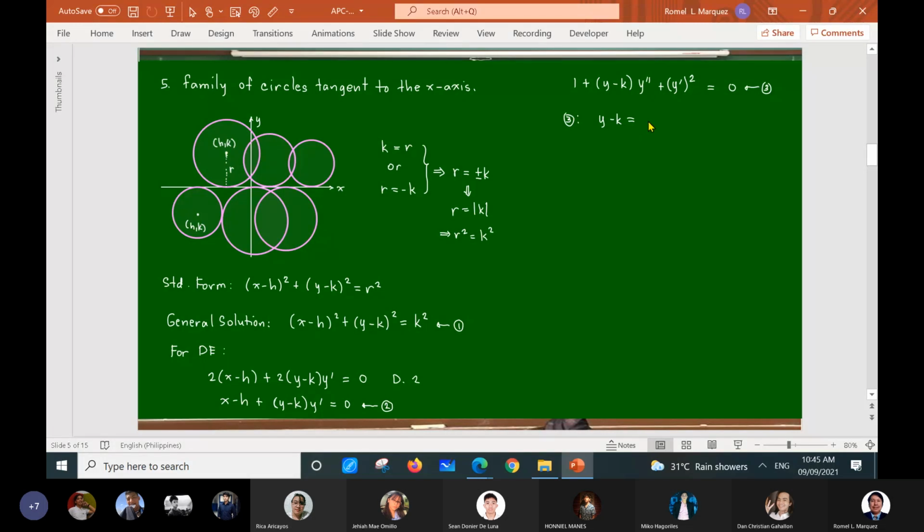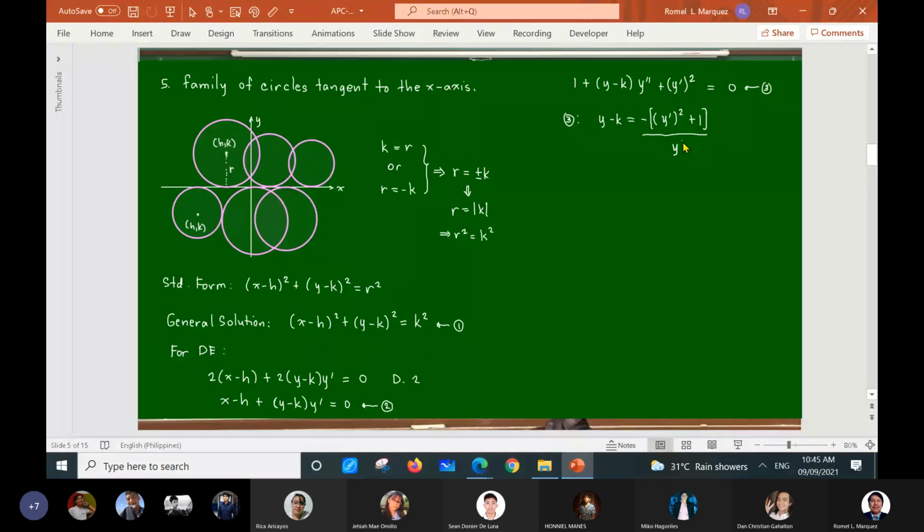Transpose negative (y prime) quantity squared plus 1 enclosed. So both are negative, so I factor out negative. And then divide by what? Divide by y double prime, no? Divide by y double prime.